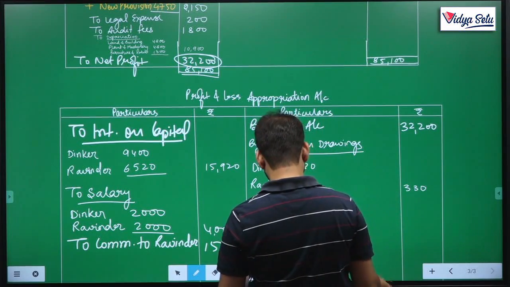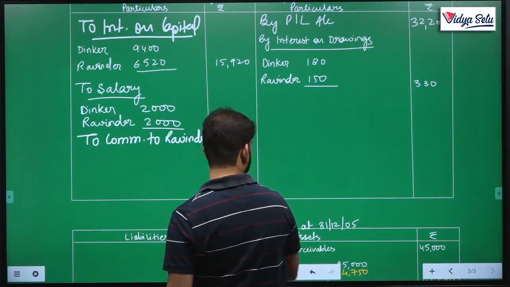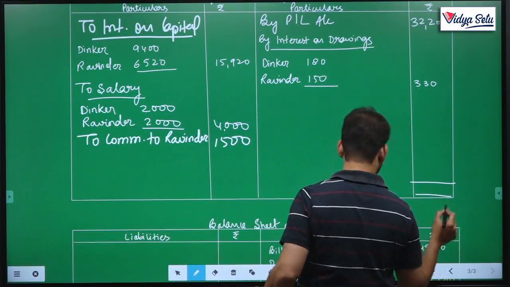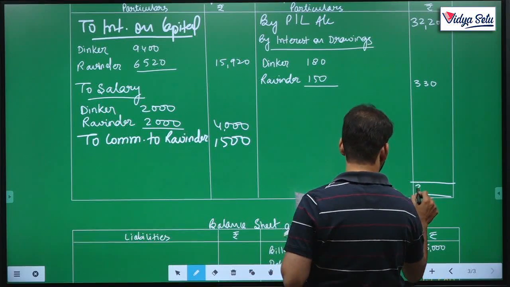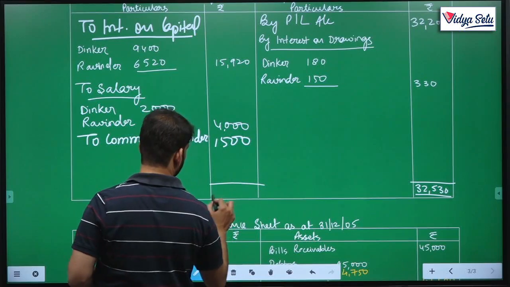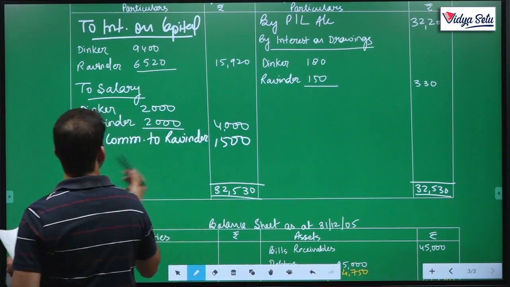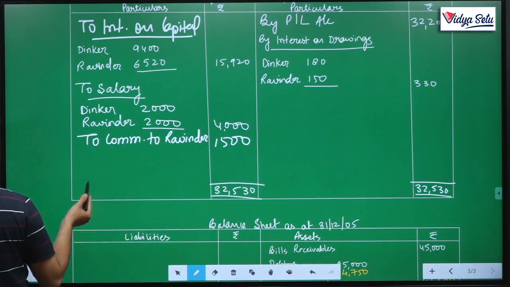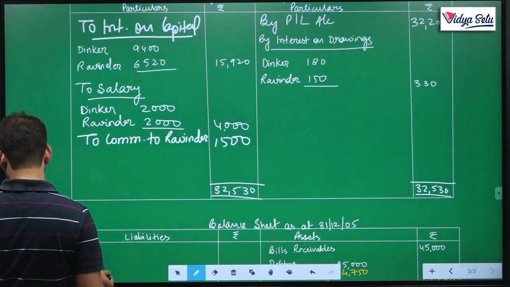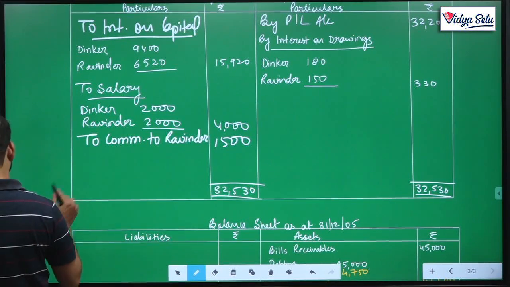Now, what we will do, 32,200 plus 330, what total we are having? So, 32,530. Now, from that we will give 15,920 is written, 4,000 is written, commission to Ravinder 1,500 is also written.